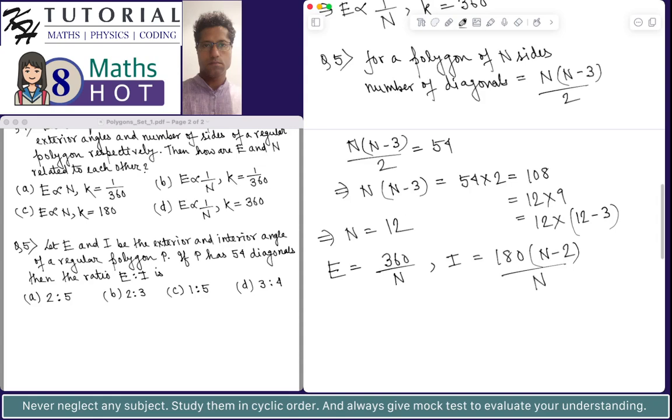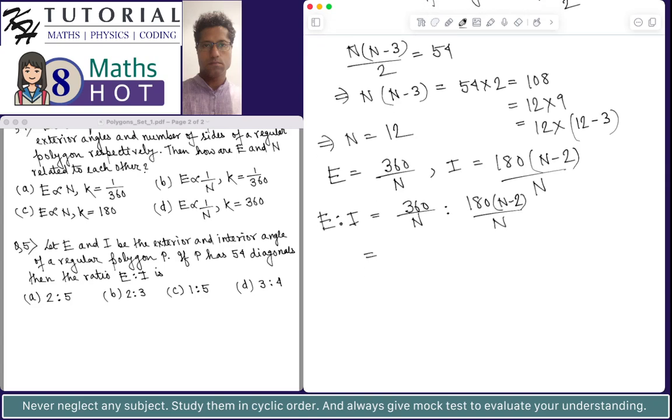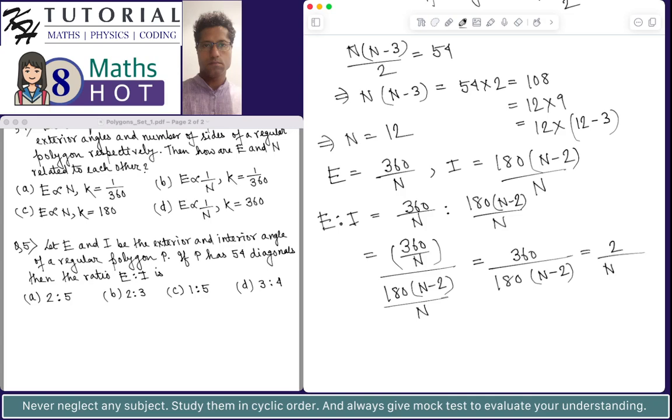Now clearly, for any regular polygon having a number of sides as capital N, E is to I will be equal to 360 divided by N is to 180 into N minus 2 divided by N. If we convert the ratio to a fraction, this will be 360 by N, this whole divided by 180 into N minus 2 divided by N. After simplification, this becomes 360 divided by 180 multiplied by N minus 2, and after further simplification, this will be 2 by N minus 2.